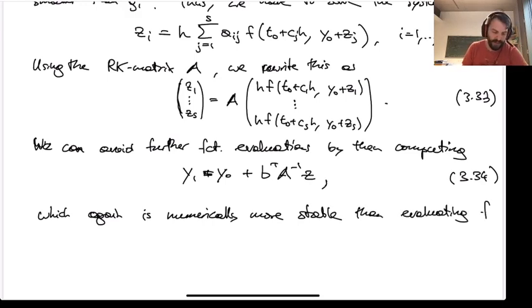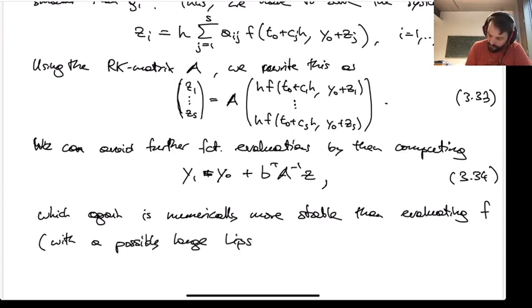Then evaluating f with a possibly large Lipschitz constant.